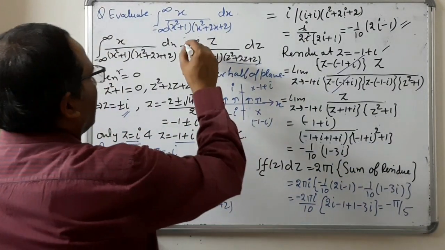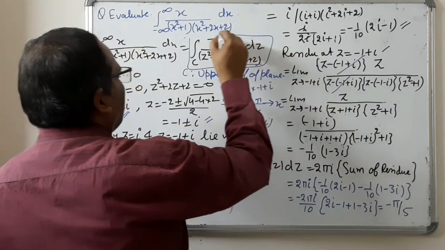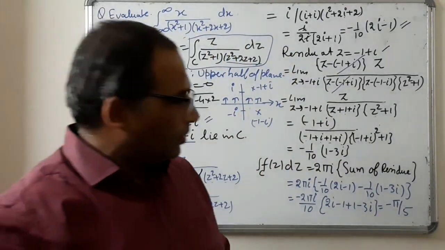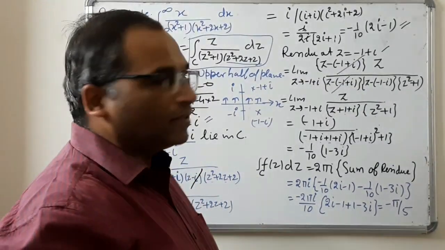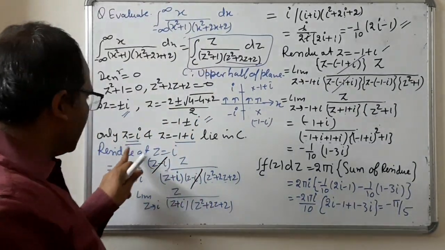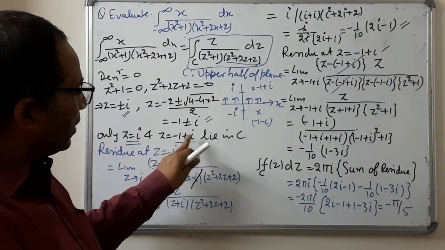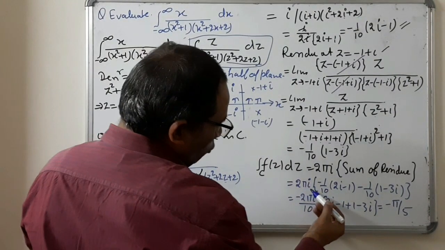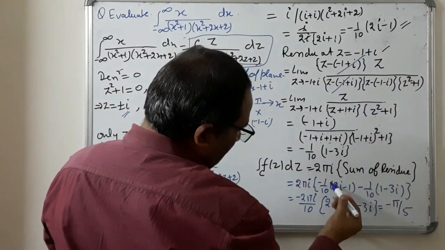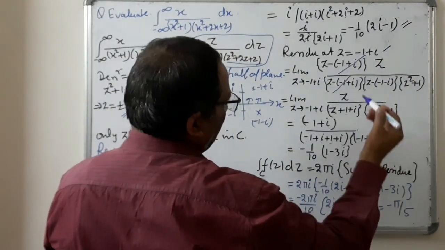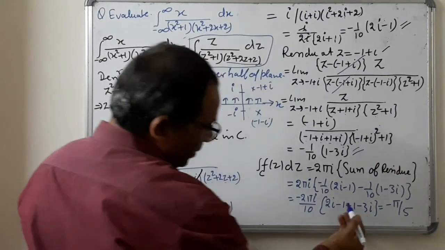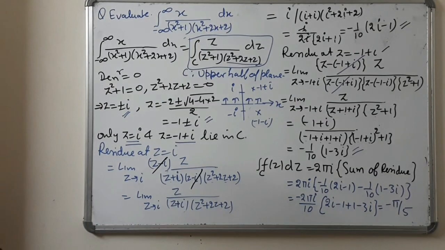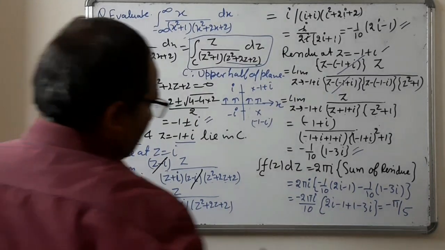Now the value of this integration by residue theorem can be written as 2 pi i into the sum of residues of all singularities which lie in the given region. Only two singularities lie in the region, z equal to i and z equal to minus 1 plus i. So put here 2 pi i, value of this one is minus 1 upon 10, 2i minus 1, and value of this one is minus 1 upon 10, 1 minus 3i. Taking minus 1 upon 10 as common, we get 2i minus 1 plus 1 minus 3i.